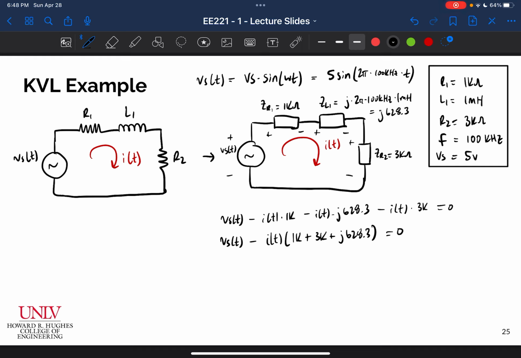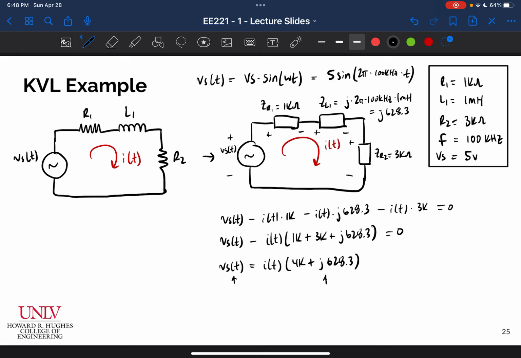Now I can group the 1k and the 3k because those are both real numbers, and I can move this entire term over to the other side by adding. I'm left with Vs of t equal to I of t multiplied by 4k plus J 628.3.